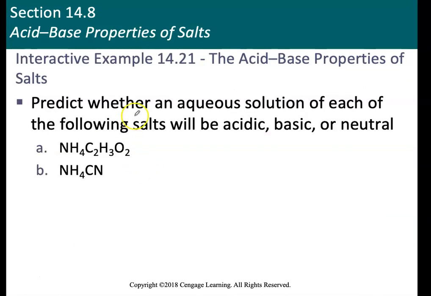Predict whether the aqueous solution of each of the following salts will be acidic, basic, or neutral. So let's take this one. This comes from a weak base and weak acid. Weak base and weak acid, what would you expect?